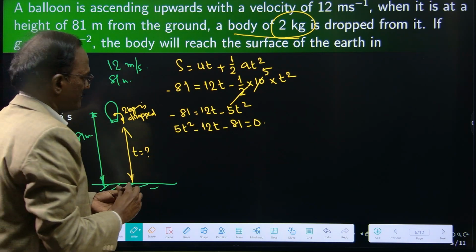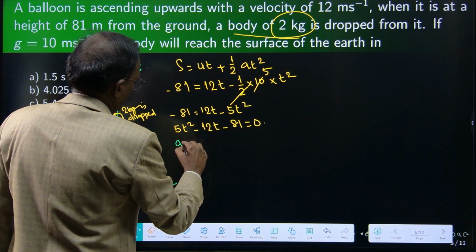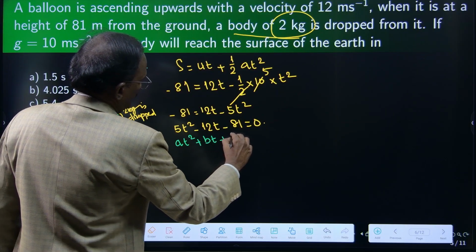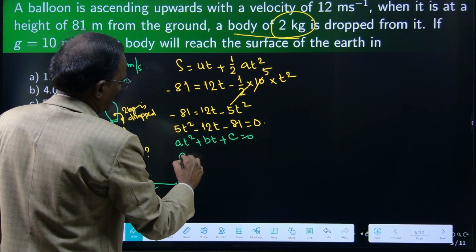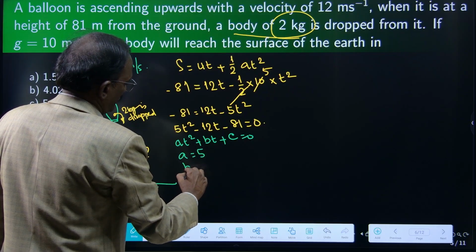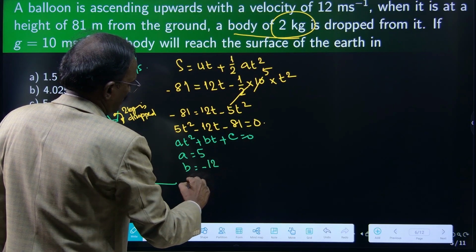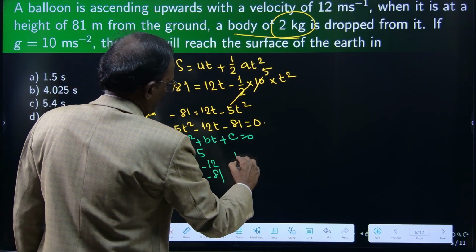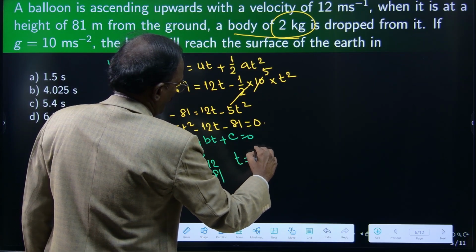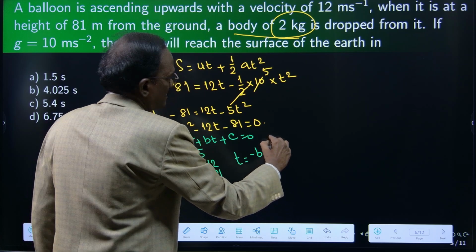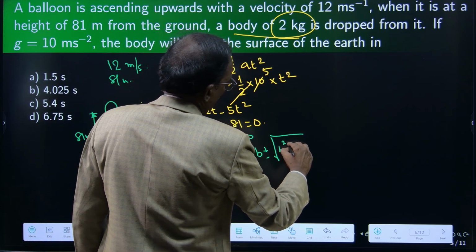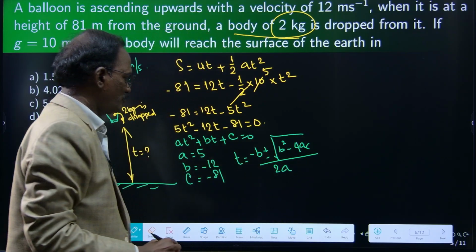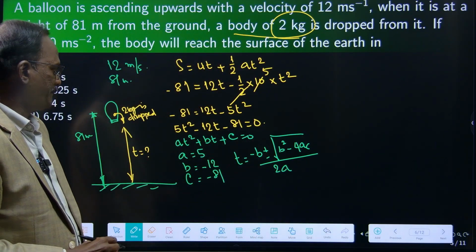This is a quadratic equation. It looks like a t square plus bt plus c is equal to 0. So here a is equal to 5, b is equal to minus 12 and c is equal to minus 81. So t is equal to minus b plus or minus square root of b square minus 4ac, divided by 2a. This formula will be used to find the values of t.